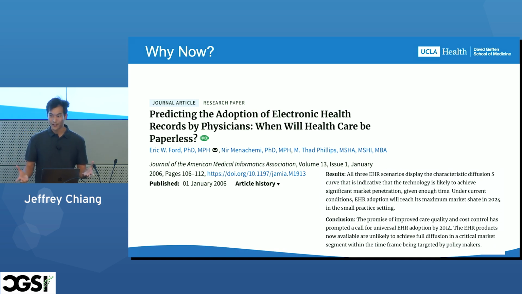Why are we talking about electronic health records? Why is this blowing up now? Really, 20 years ago, there was a call to go paperless for these things. And interestingly, in this article written in 2016, there was a claim that EHR adoption might reach maximum market share in 2024 in the small practice setting.